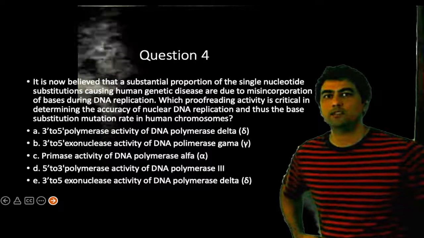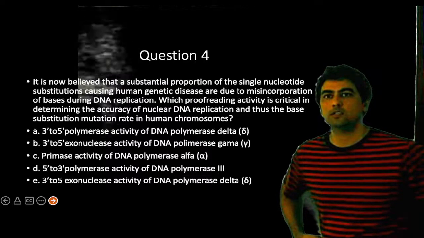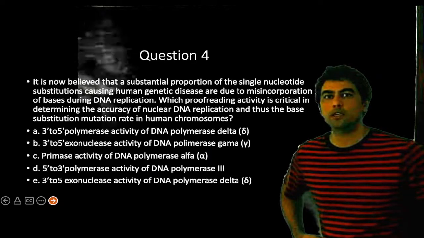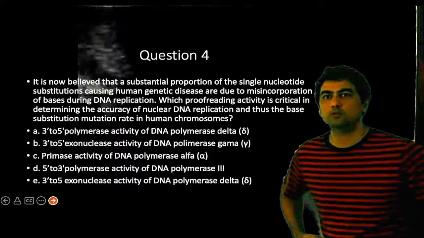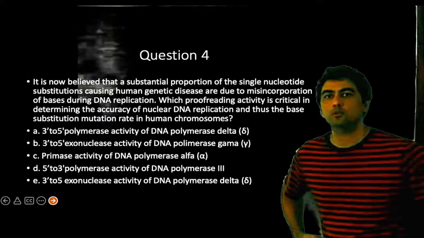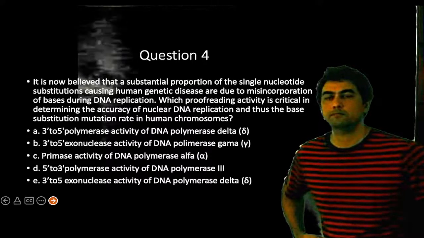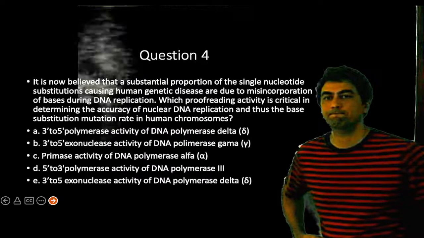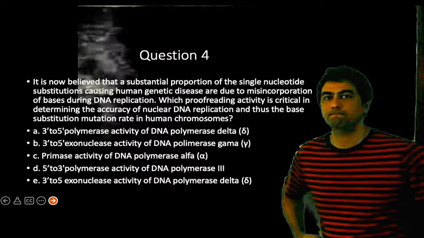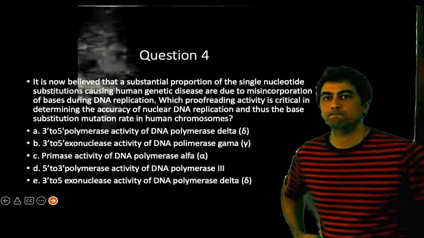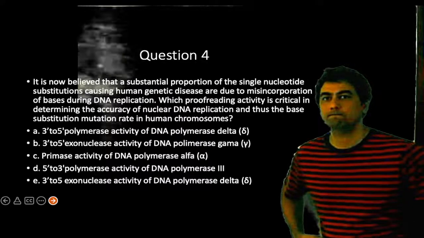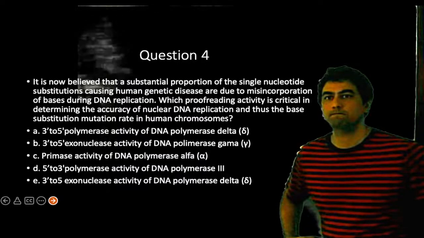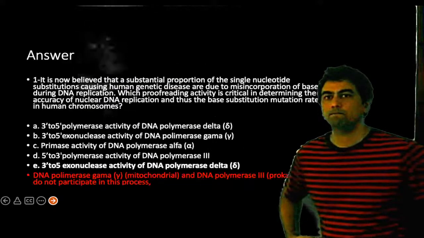Which proofreading activity is critical in determining the accuracy of nuclear DNA replication and thus the base substitution mutation rate in human chromosomes?